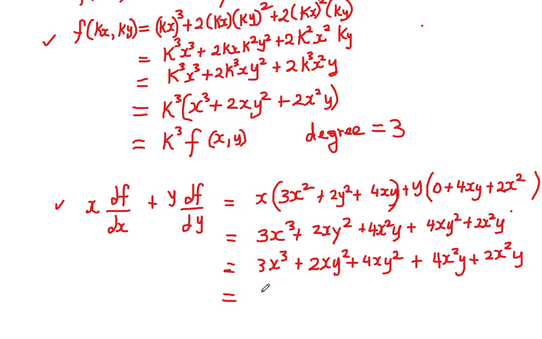So let us now simplify. 3x cubed. When I add 2xy squared plus another 4xy squared, we'll get a total of 6xy squared. Then when I add 4x squared y plus 2x squared y, it will also give us 6x squared y.